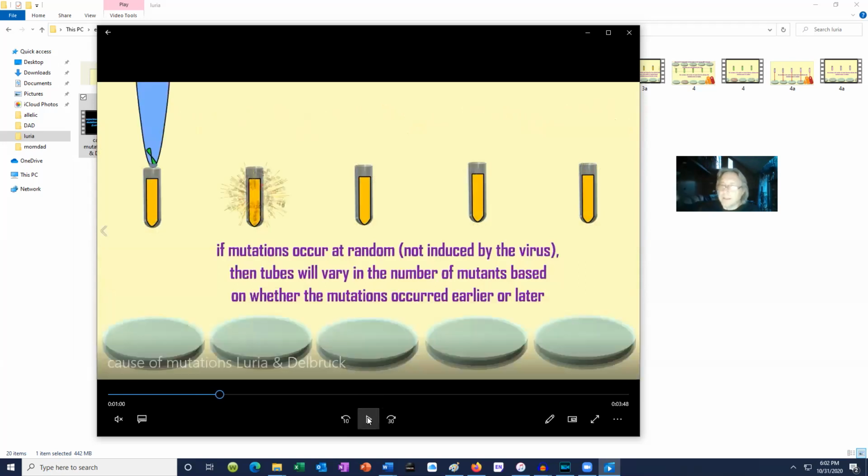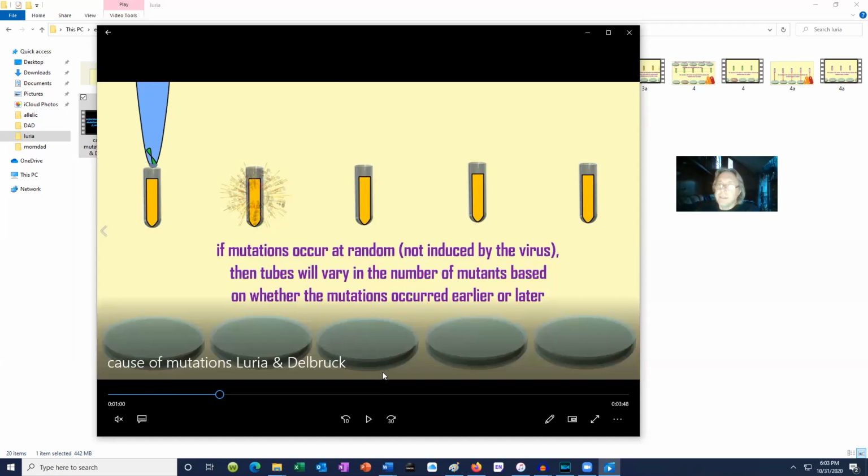If you take those 5 different tubes and put the contents on 5 different plates, then whatever the frequency of mutation is in one should be about the same as the other, because the virus which was inducing the mutation was added to all of them.